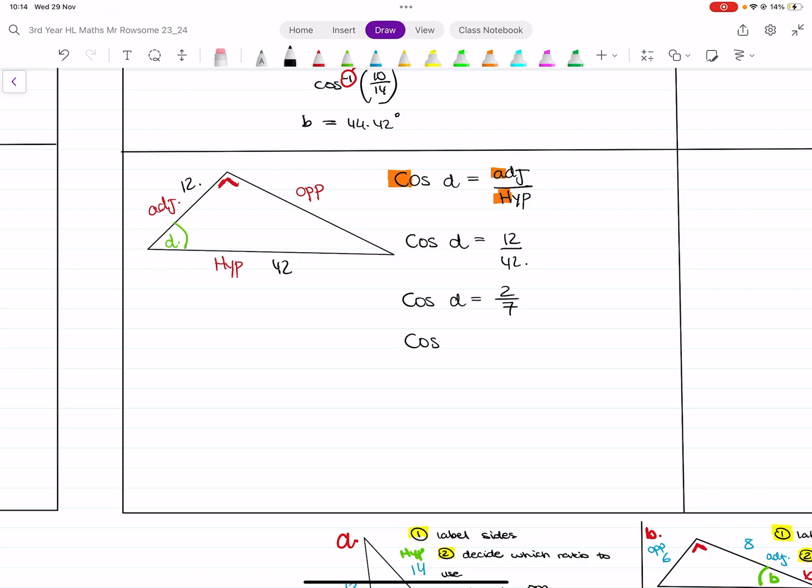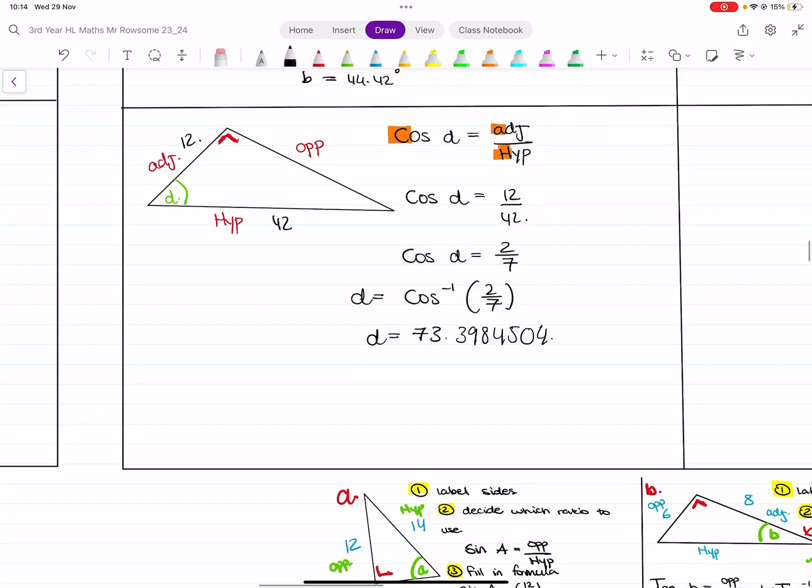You invert. D is equal to the inverse cos of 2 over 7. D is equal to 73.3984504. Round to 1 decimal place, we'll say D is equal to 73.4 degrees. Okay, so that's sine, cos and tan, and using your sides to find an angle.